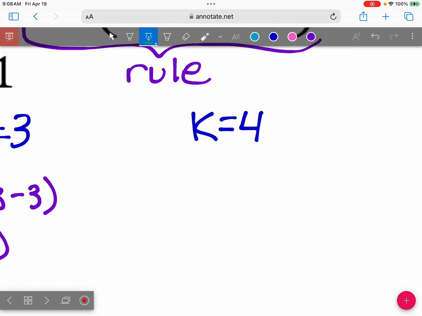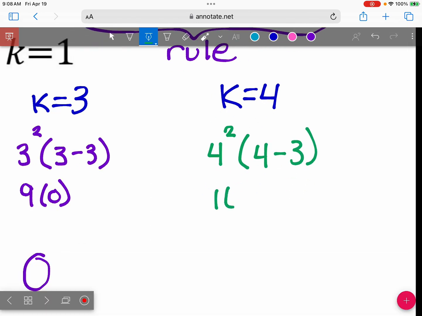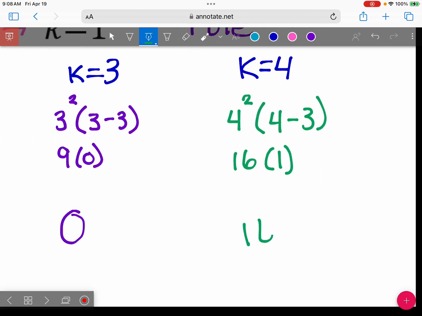And then our last one, for 4, same thing: 4 squared times 4 minus 3. So we have 16 times 1, or 16. So we have found our a sub k for k's 1 through 4. That's the same kind of thing we did yesterday. We were just finding the values.